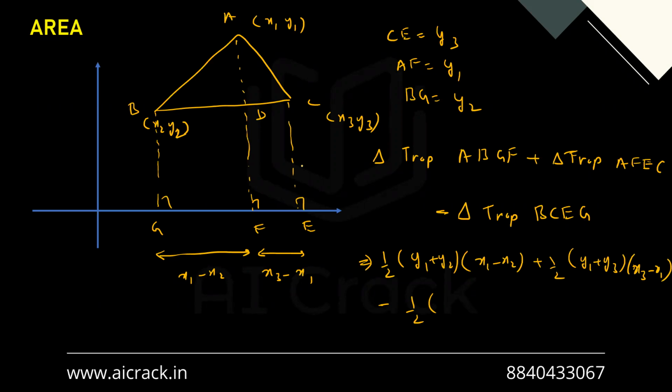In this case, the sum of parallel sides would be CE plus BG, which is y3 plus y2, multiplied by the distance between them, that would be x3 minus x2, right?